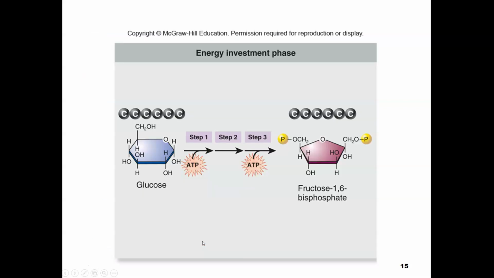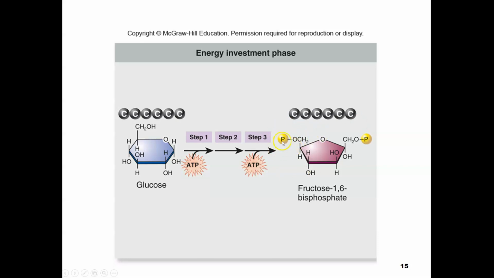Here's that first phase, the energy investment phase, and what you can see is we've got glucose, and we're going to actually break down 2 ATPs to make ADP. And where did those phosphates go? They actually are attached onto glucose.